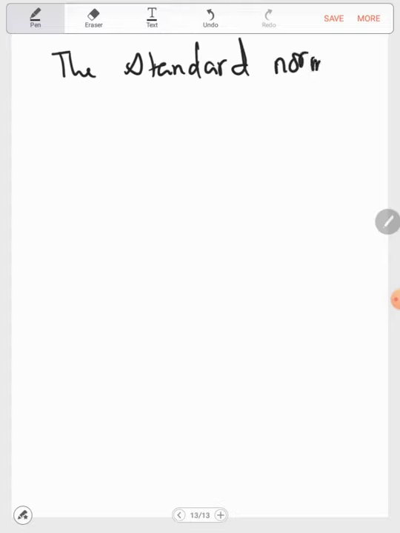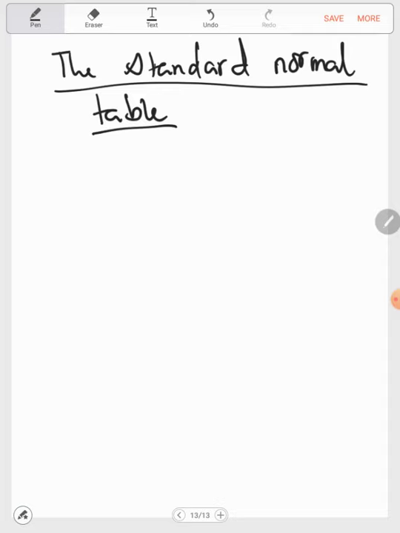Okay, so the next slide. For the standard normal table, it gives us this probability for any value between a and x.